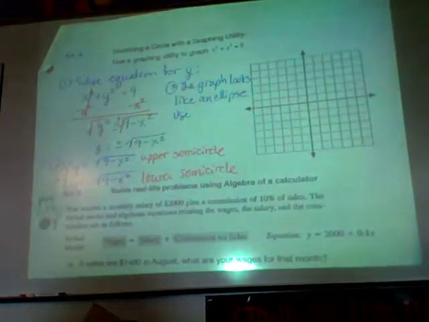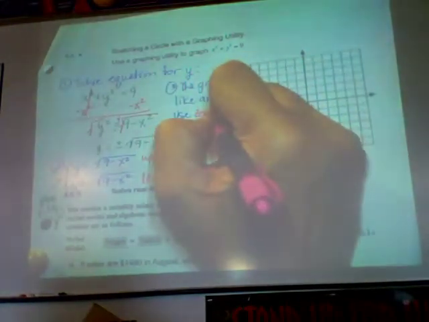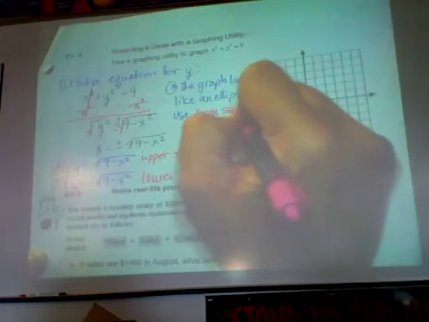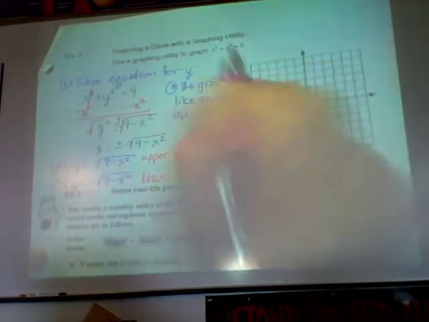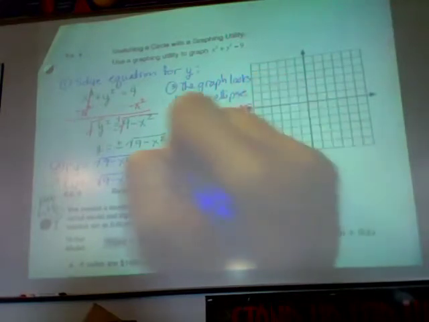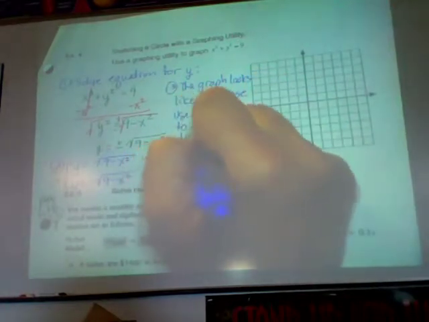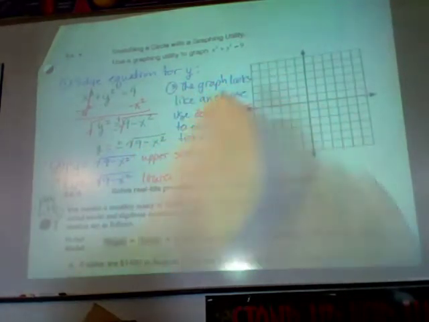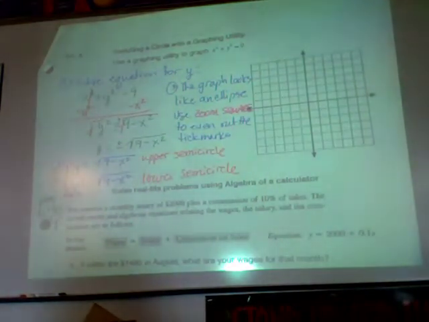So you can use a couple of different features. My favorite for this one is you can use the zoom square. It'll square it all up. So that's what we're going to use. We're going to use the zoom squared.